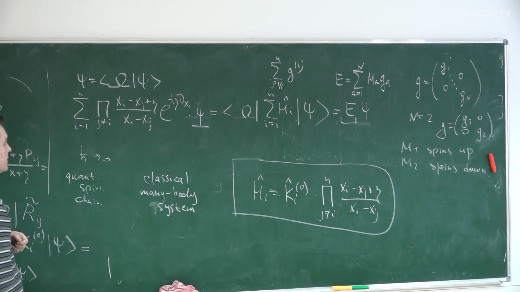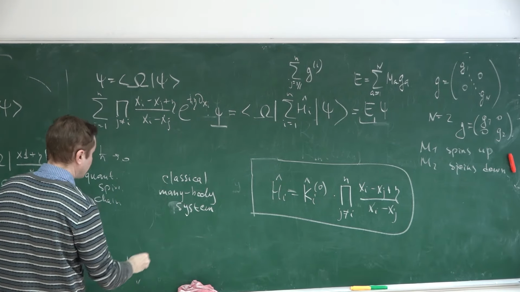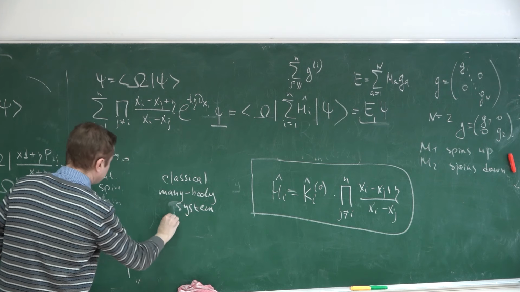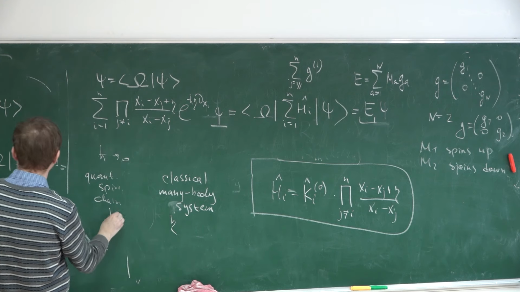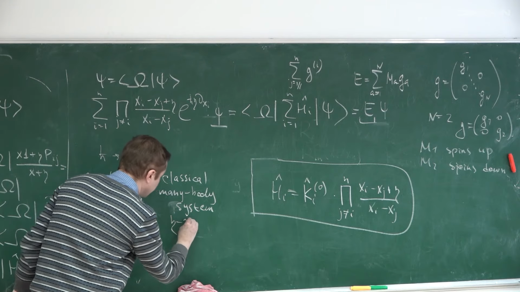And it appears that this relativistic parameter here, so eta in this spin chain. We consider h goes to 0, but we keep eta. And this eta enters the R matrix of the spin chain, and here it is just a relativistic parameter.